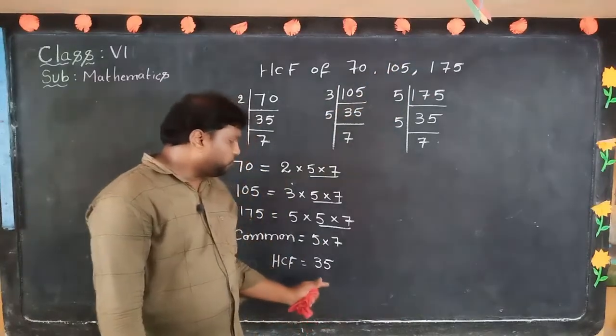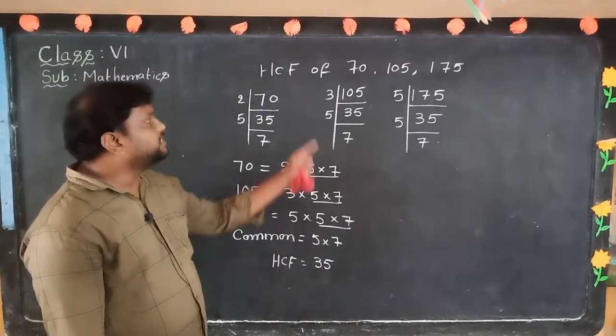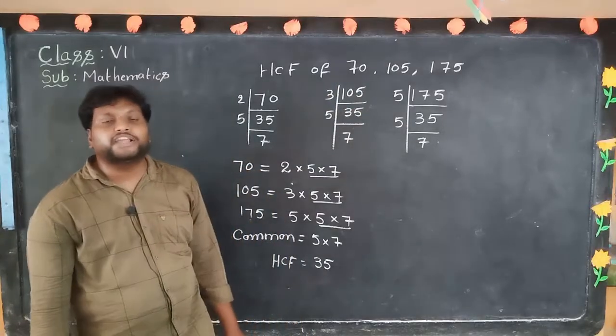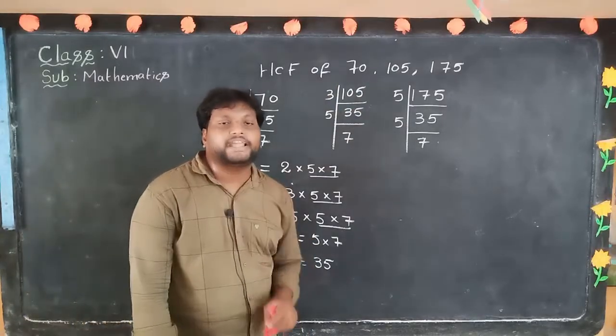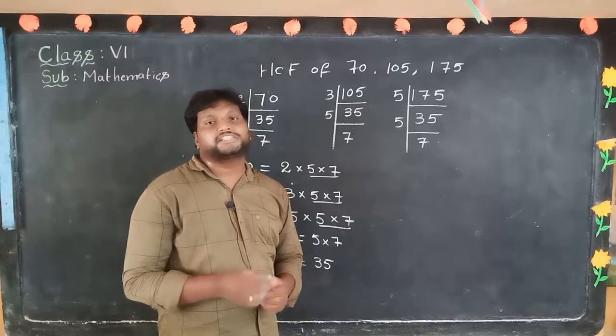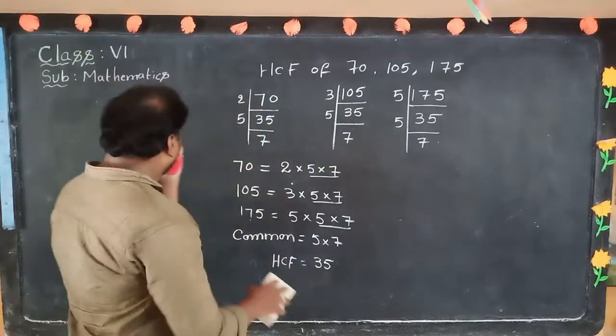That's why the HCF is always less than the given numbers. In some cases it is equal to the smallest number.